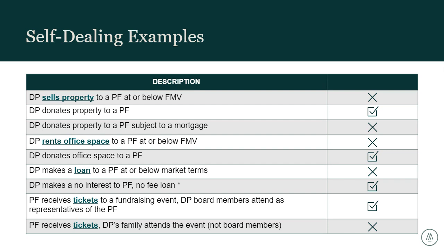Now, also if the board members do attend and let's say there's an auction and the board members use their organization's funds to purchase an auction item that could benefit the private foundation in its exempt purpose, that is likely okay. But be cautious about that.